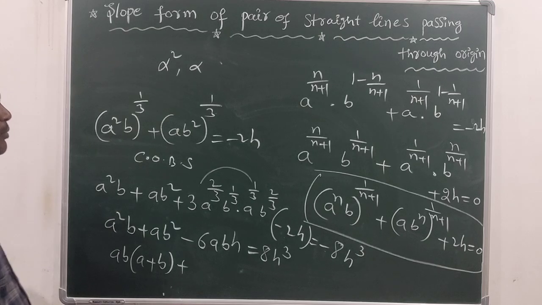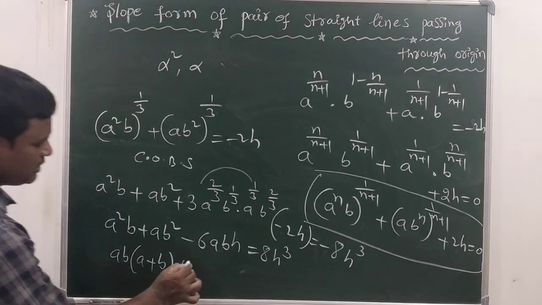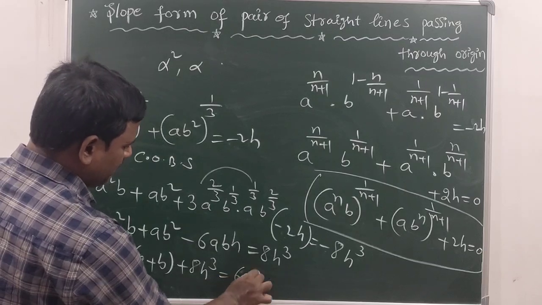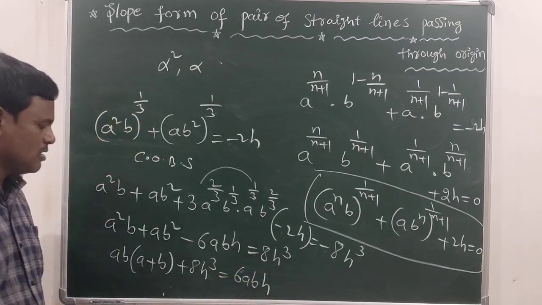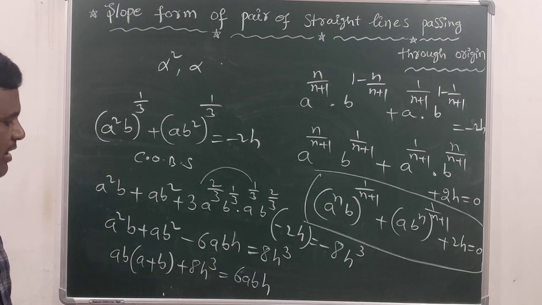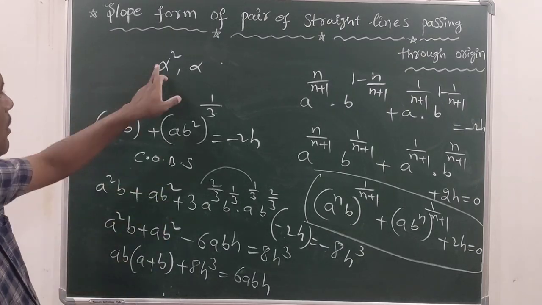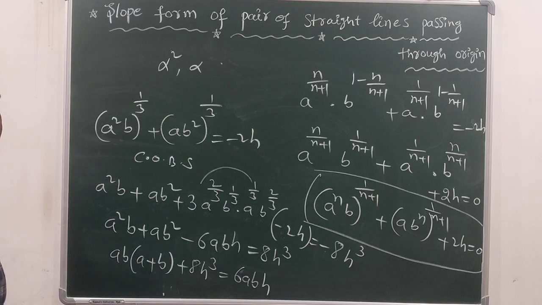Okay, students, plus 8h cube. Now send it to the right side, 6abh. So this is the required relation when one root is square of other.